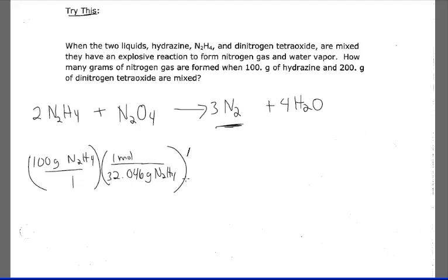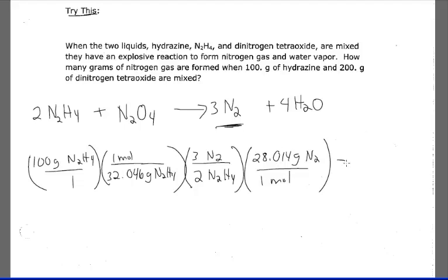Then use the ratio, 3 moles of nitrogen for every 2 moles of hydrazine, and finally convert the nitrogen into grams using its molar mass. And you should get 131 grams of nitrogen formed from hydrazine, if that were limiting.